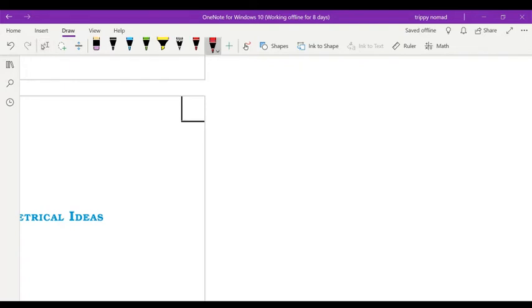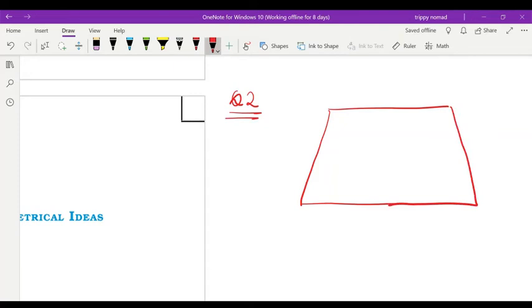KLMN. Question number 2. I am writing here KLMN. So this is the name of quadrilateral KLMN.